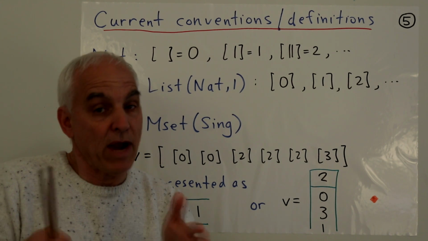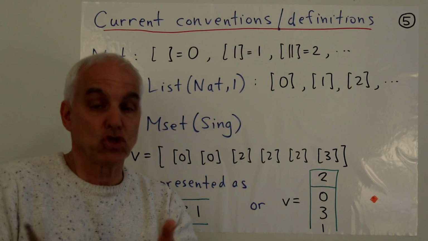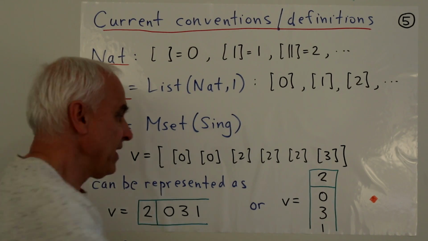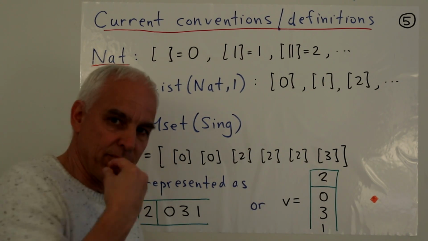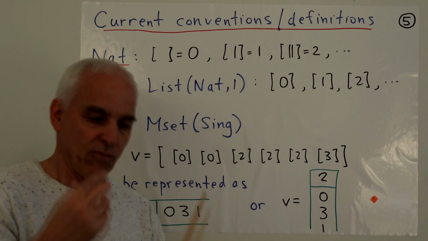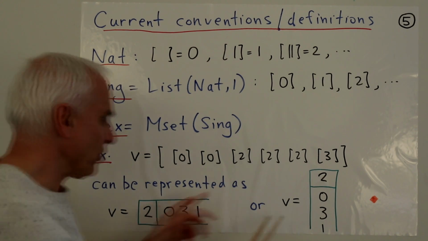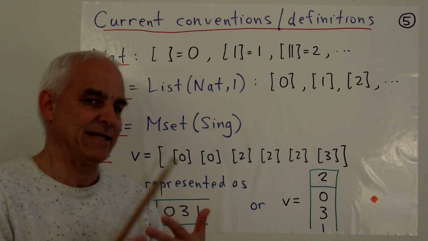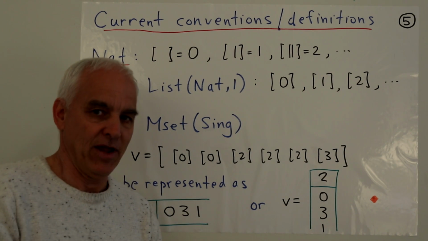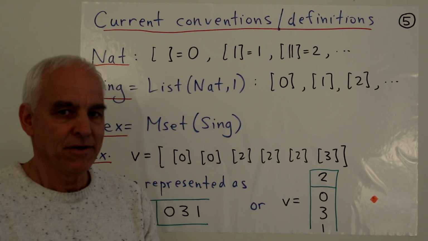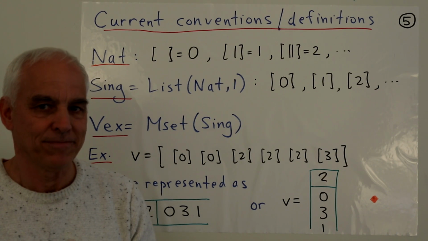They are ways of writing down, almost like shortcuts. But this here is actually the real object. The real object is an M set of singletons, and these vectors are just ways of representing that M set in a convenient shorthand form.